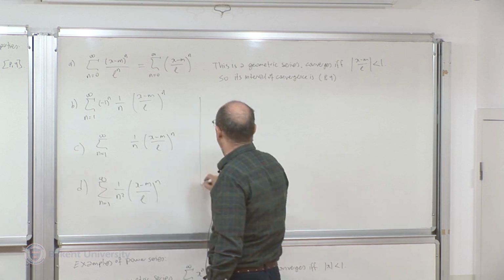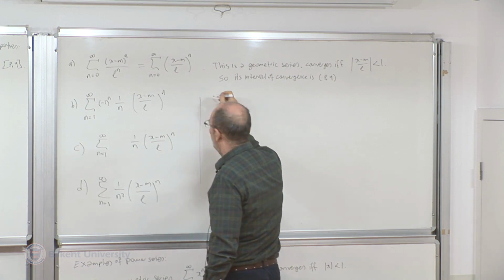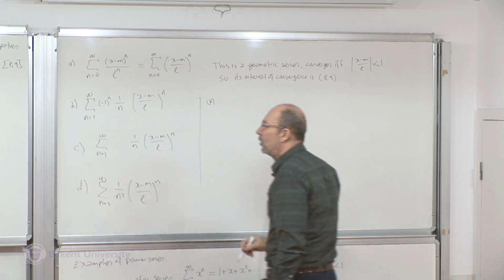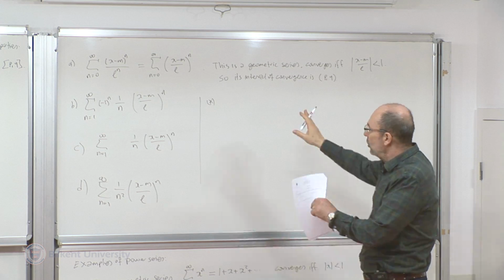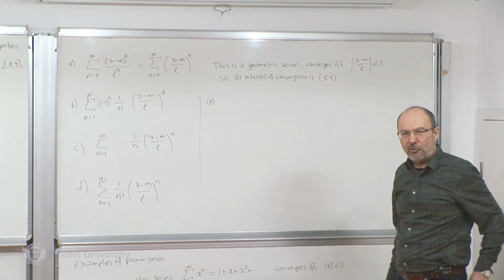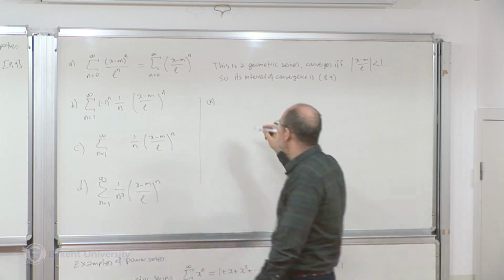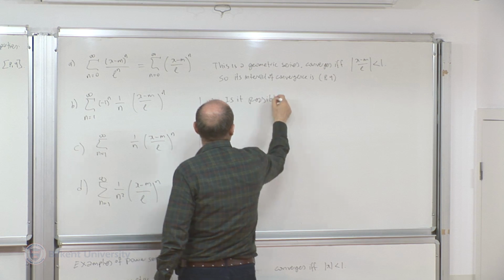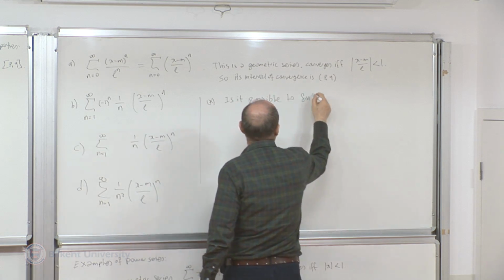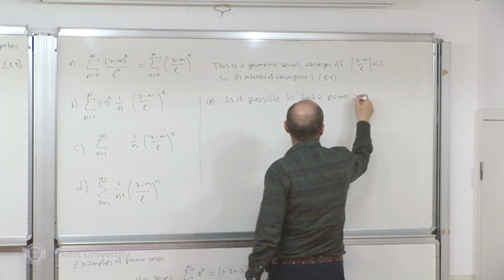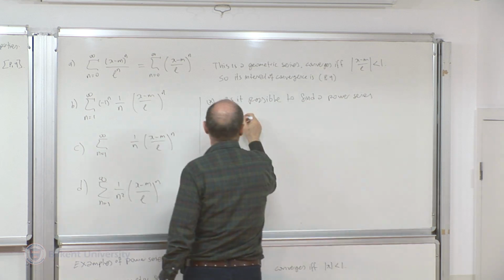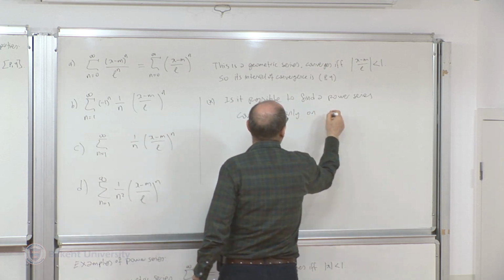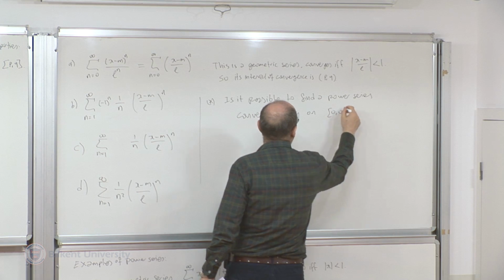Okay, so the next question is the following, which you should be able to answer immediately, but sometimes such a question appears in the middle of something very complicated, and then we start thinking about it. So is it possible to find a power series converging only on, say, 0 to infinity?